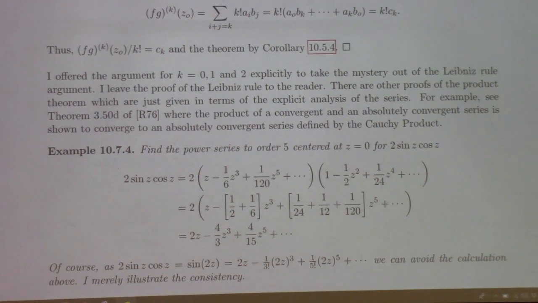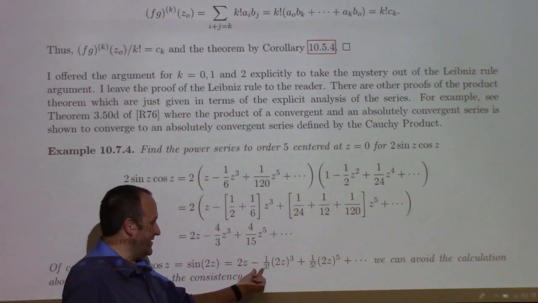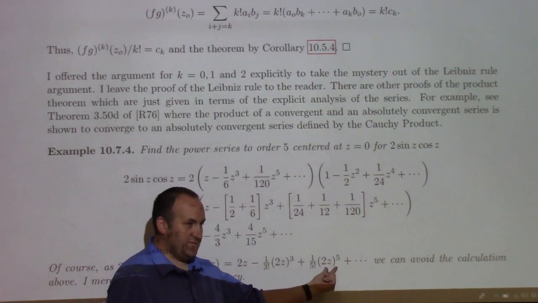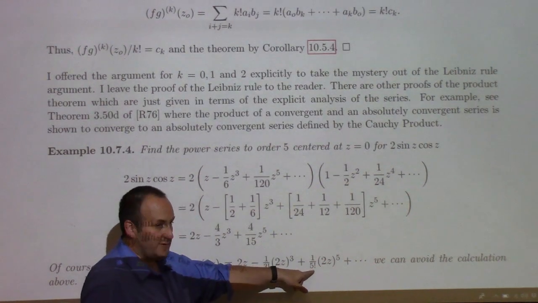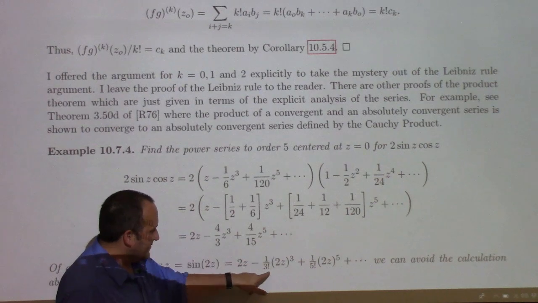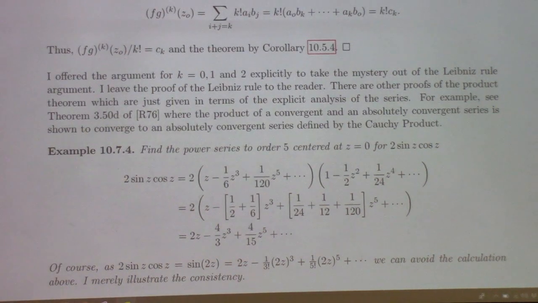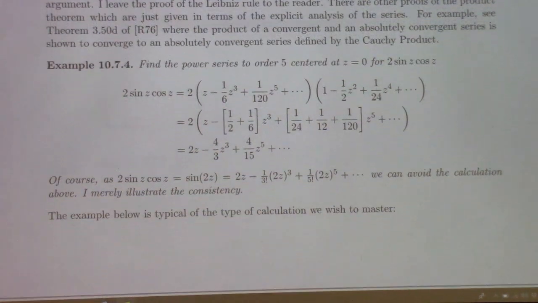Or just make a substitution. So 2z minus 1 over 3 factorial quantity 2z cubed plus 1 over 5 factorial quantity 2z to the 5th, which gives you 32 over 120, which is 4/15. And this gives you 8 over 6, which is 4/3. And of course, that's 2z. So yeah, we could do Cauchy product, but yep.